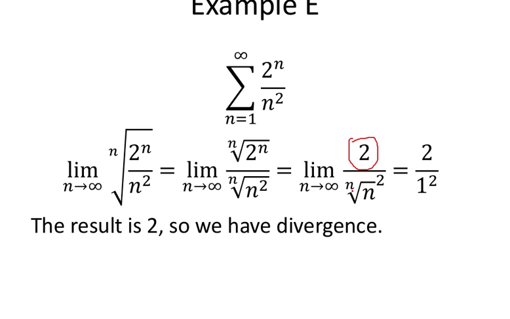And the limit as n approaches infinity of the denominator is equal to 1 once again. So you end up with 2 over 1, which is 2. A rho value equal to 2 means that you have divergence. So such a series, 2 to the n over n squared, like this one here, diverges to infinity.